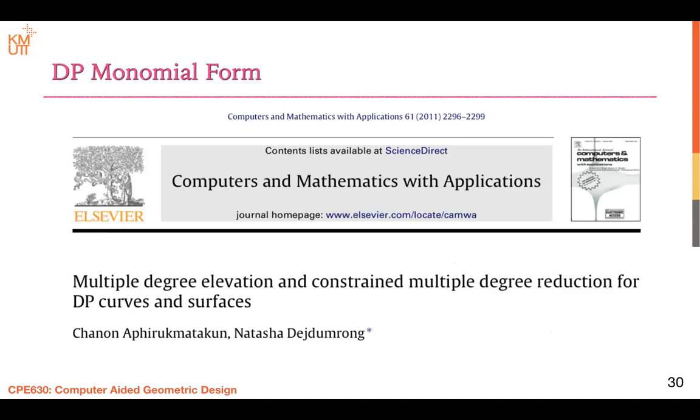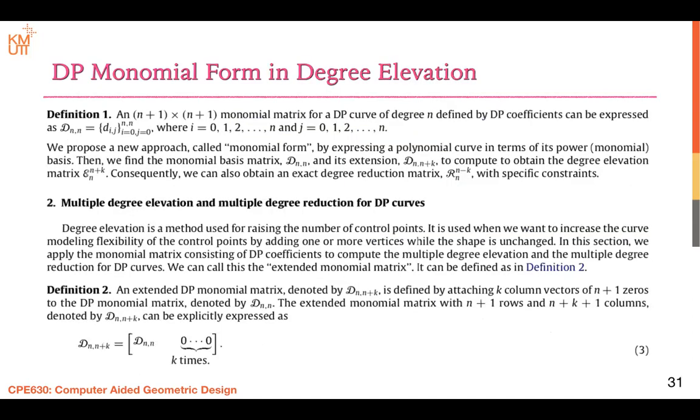Okay. And this one is multiple degree elevation by using the extended DP monomial matrix, by adding k columns. If you want to find k times degree elevation, you can add k columns.